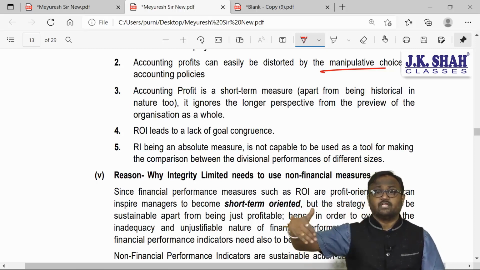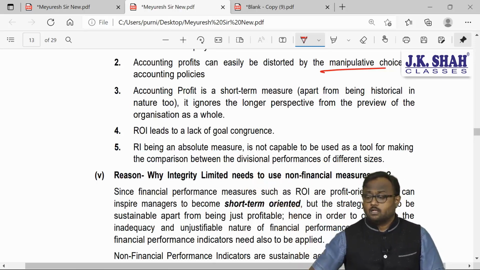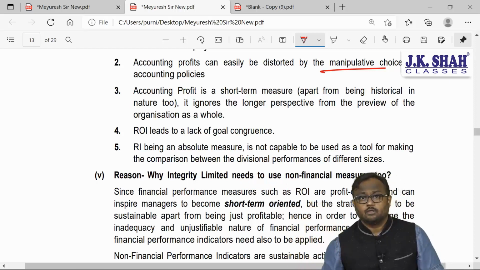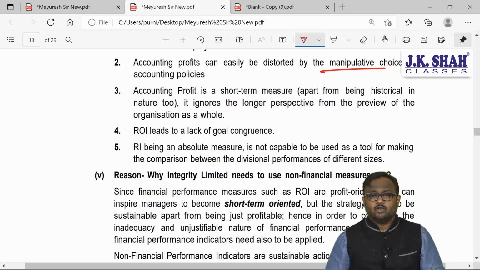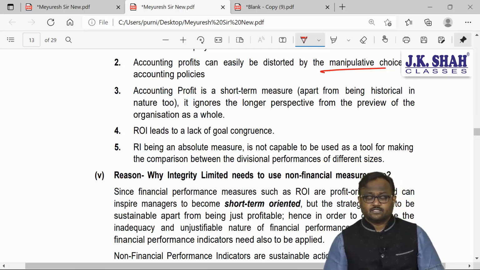Your capital employed may change over a period of few years. You may top up your capital employed for upgradation, for enhancement of the plant. All these factors are not taken into consideration when you are going for only profitability as a base.